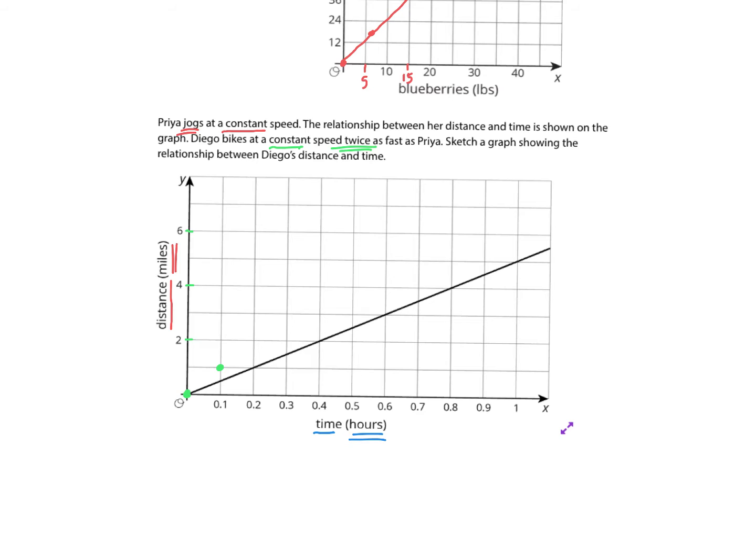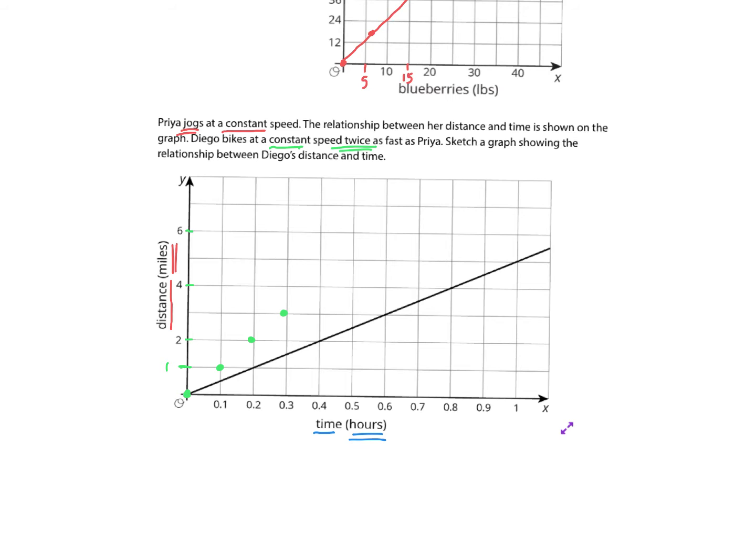And now, in 0.1 hours, Priya has gone half a mile. Well, in 0.1 hours, Diego has gone 1 mile. In 0.2 hours, Priya's gone 1 mile, so Diego should have gone 2 miles. In 0.3 hours, Priya has gone 1.5, so Diego should have gone 3 at this point.